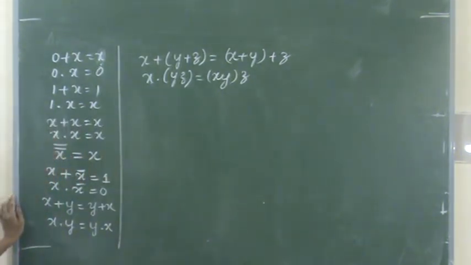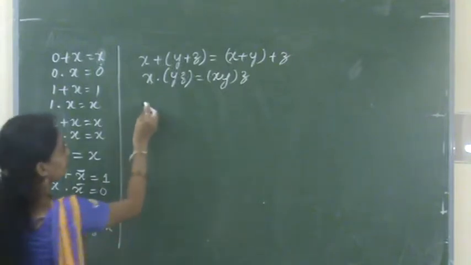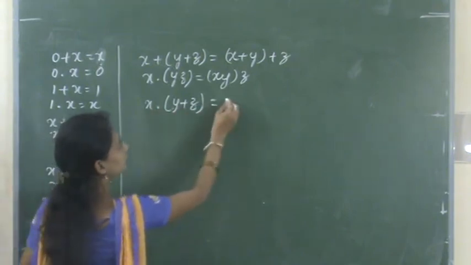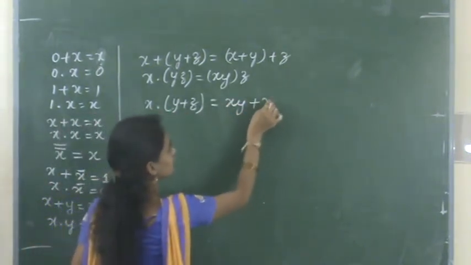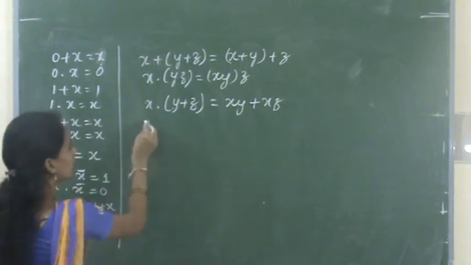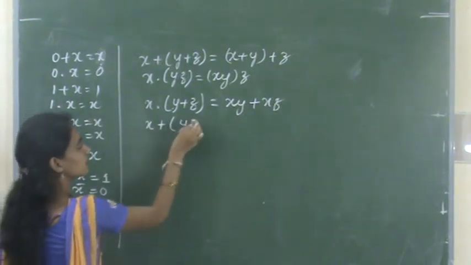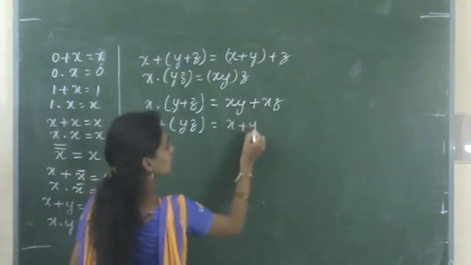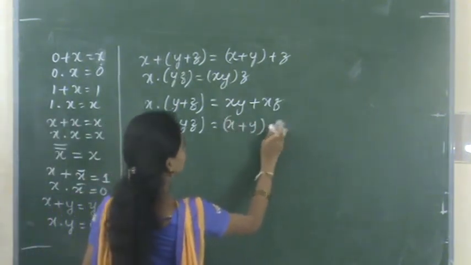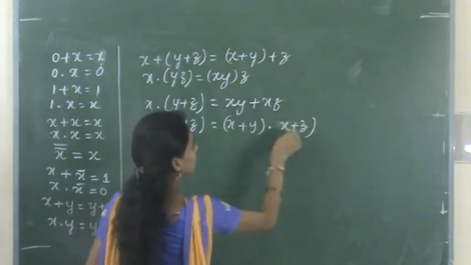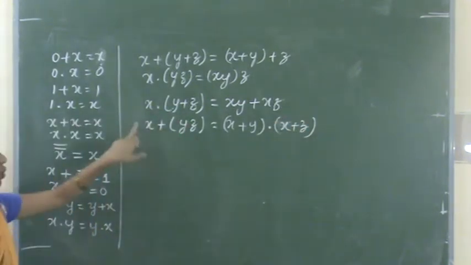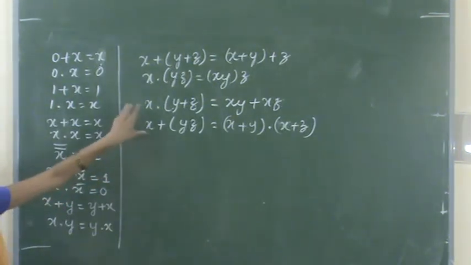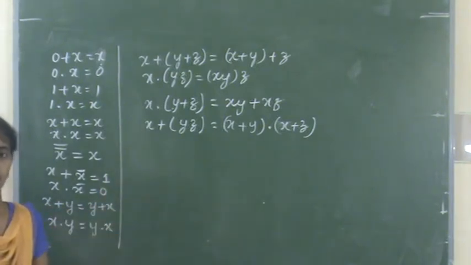After that we studied the distributive law, that is x into y plus z is equal to xy plus xz, and x plus yz is equal to x plus y into x plus z. So these two are the distributive law. We applied this law in the previous theorem.